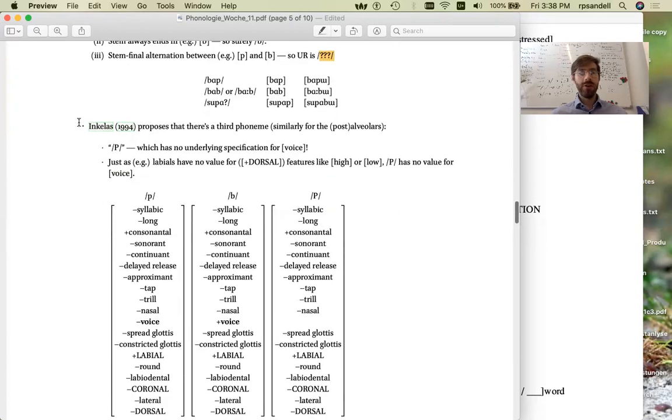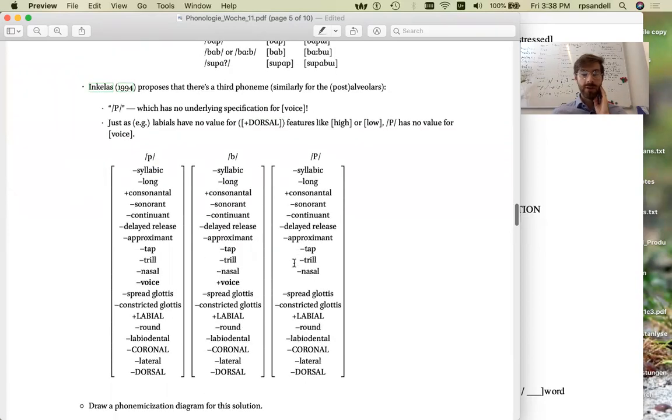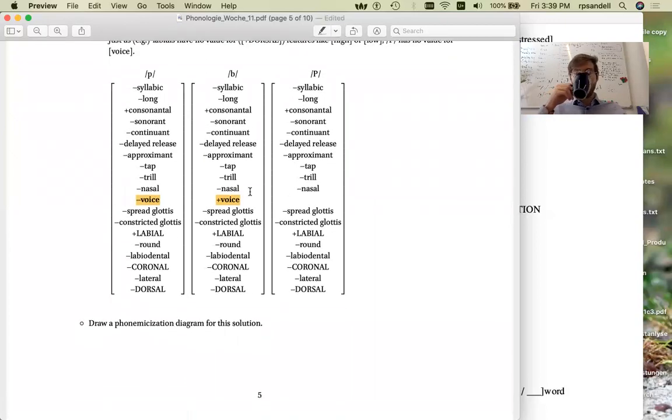The solution here is to posit some third phoneme that is specified for place, so specified for labial or coronal place, but which has no underlying specification for voice. So there would be underlying sounds pa and ba, which are specified for voice as minus voice and plus voice, just as we would expect. But this third sound shares all of the same features with those sounds, being a labial stop, but the voice information is not specified.